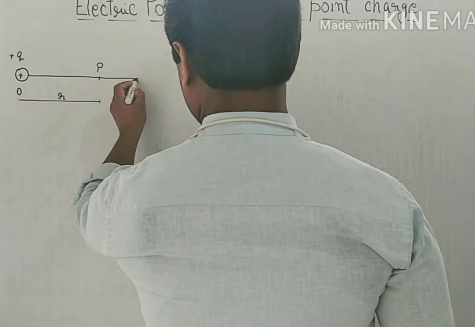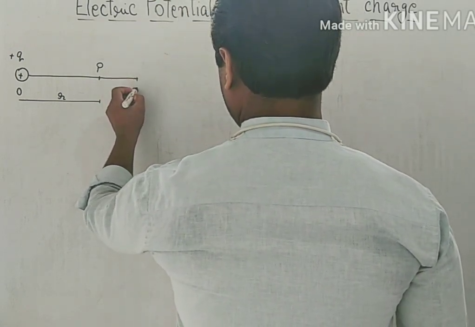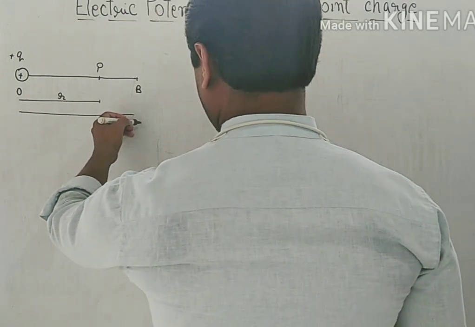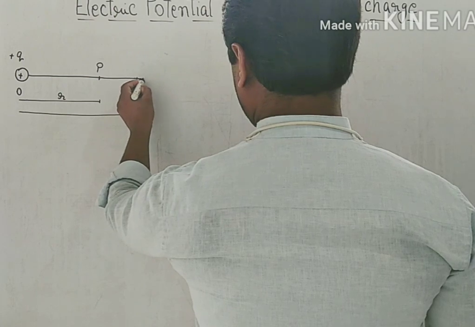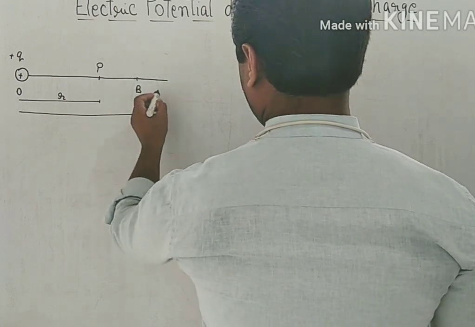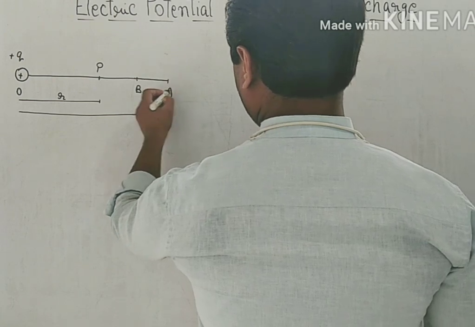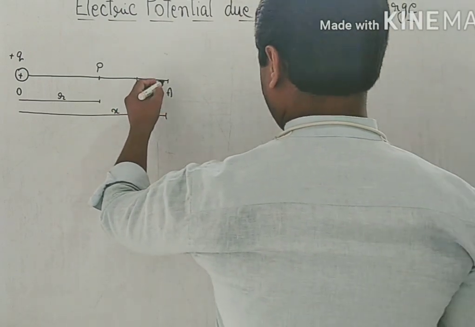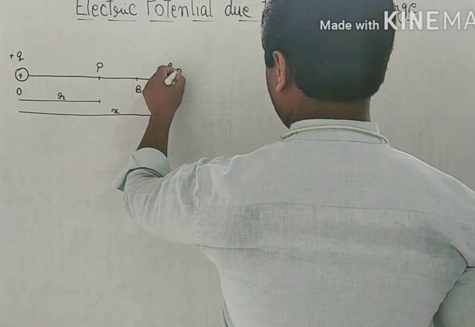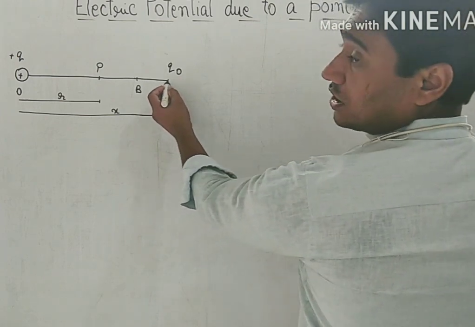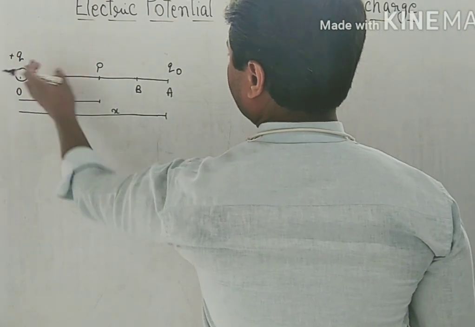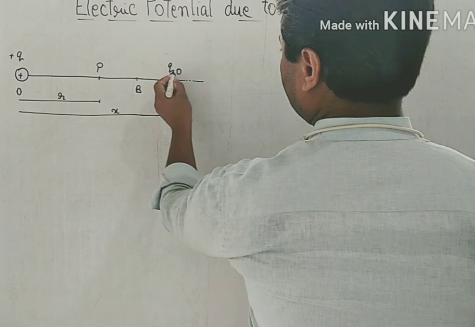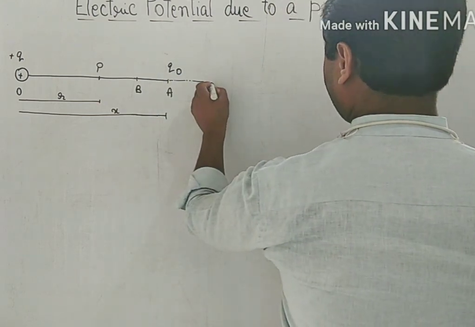Let the distance of point A from the source charge be x, and let us place test charge Q0 at the position of point A at distance x from the source charge, and let this test charge Q0 have been brought from infinity.